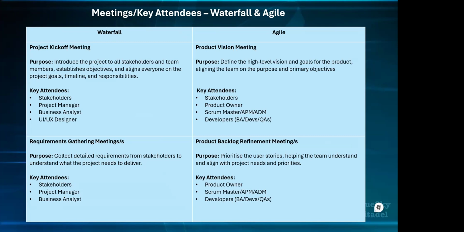We want to define the product vision, objective, the target, who are the target audience, just like we have with waterfall. So there's a bit of similarities there. Who are the target audience for this product that we're making? Just the high level goals that need to be in place. And the outcome we're looking at for this meeting is to have a statement in place at the end of that meeting.